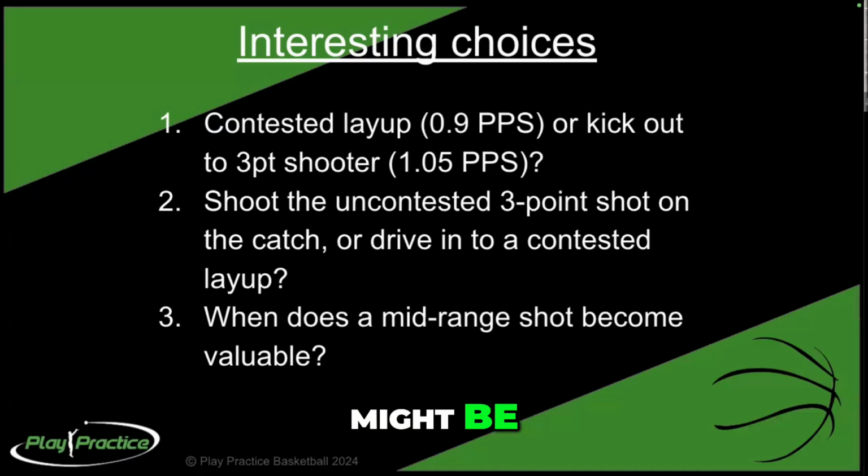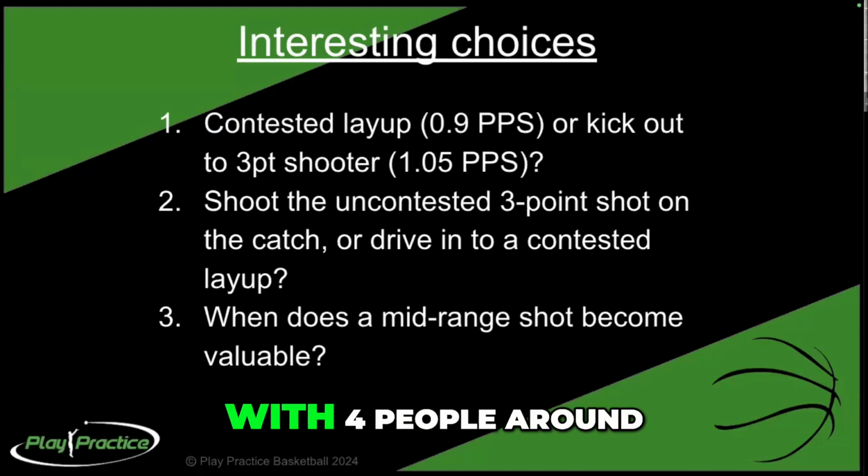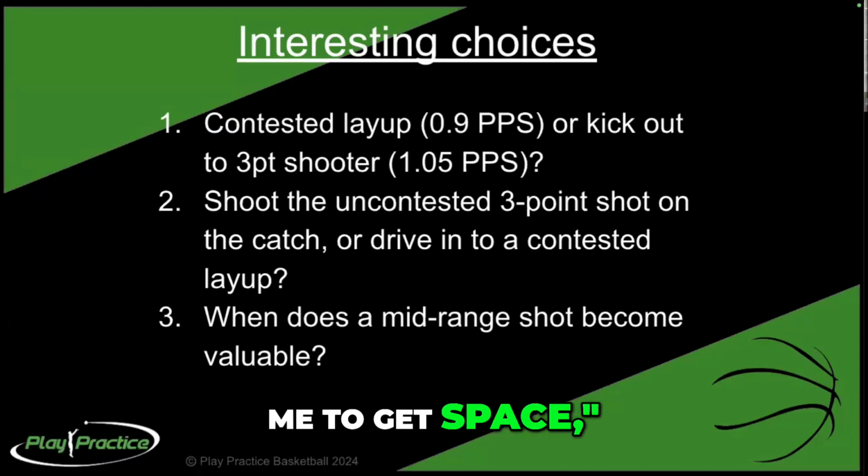And sometimes that might be kicking out of a can of sardines with 4 people around me to get space, and then we're back to running our offense, and we get our normal maybe 1.0, 1.25 value shot by working longer and getting a better shot at the end.